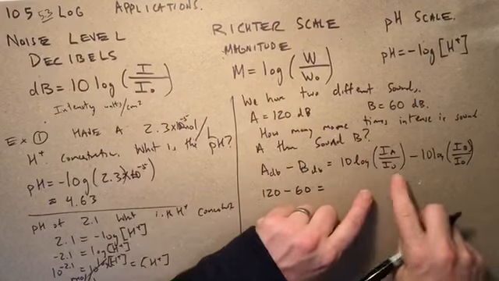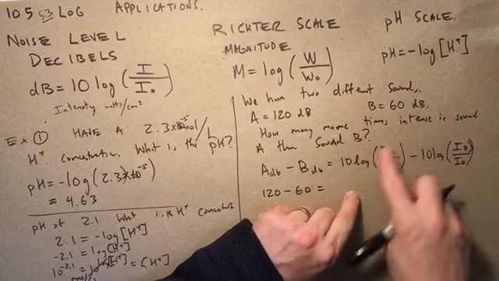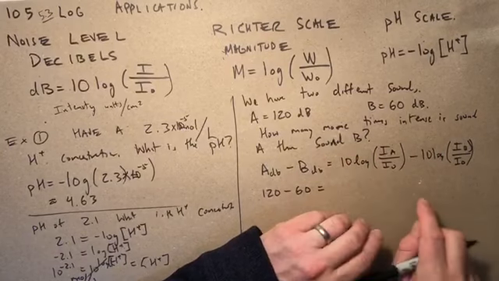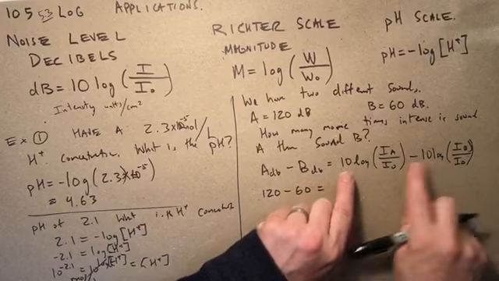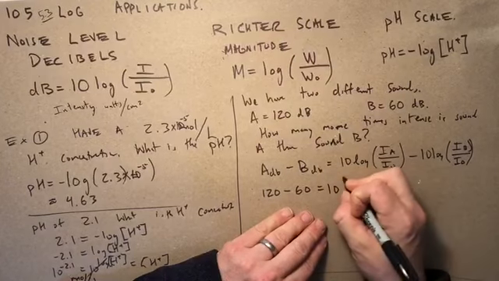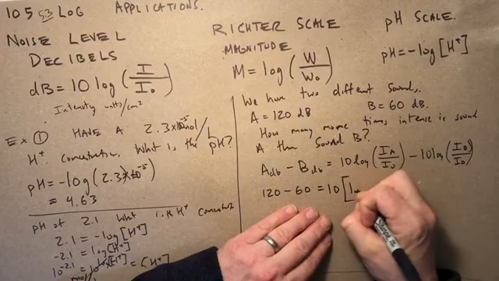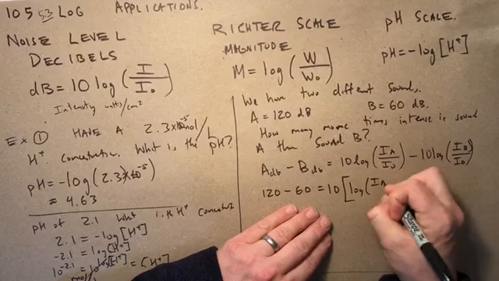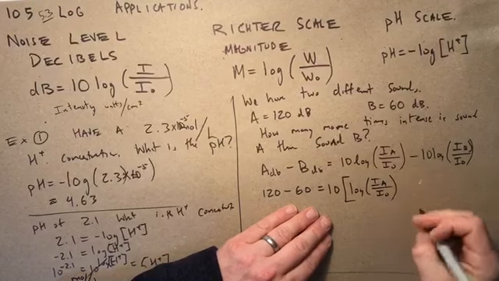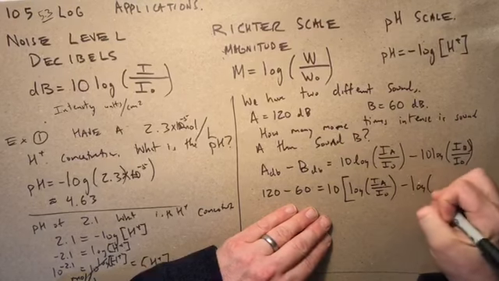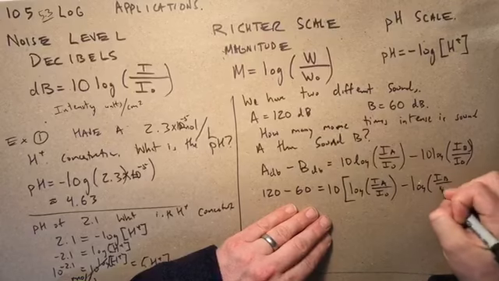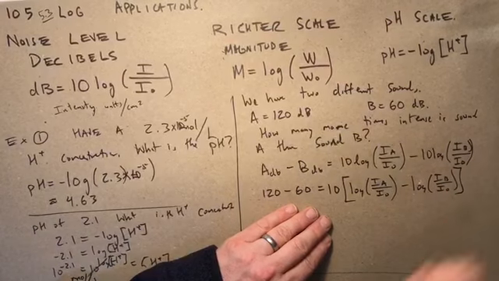What I'd like to do here is somehow collapse this log into one. So I'm going to factor out that 10 first. I'll be left with the log of intensity A over our benchmark noise minus the log of intensity B over our same benchmark noise.